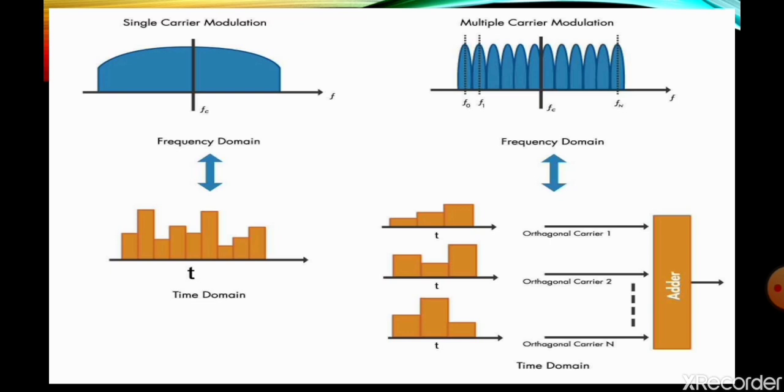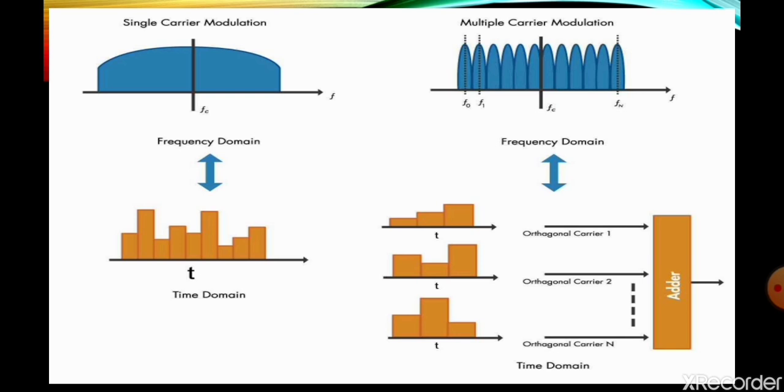In such a scenario, to overcome the problem of symbol interference and fading, we introduce the concept of multiple carrier modulation, where you use many carriers to transmit the message. That is, the message is split into smaller parts and then superimposed onto many subcarriers, and then it is combined and transmitted.